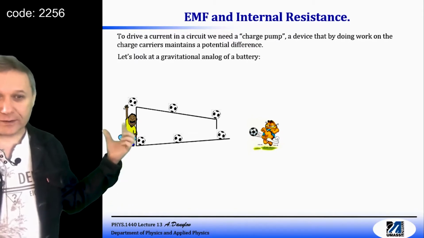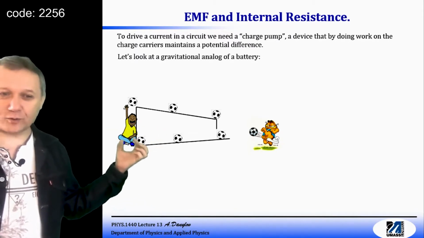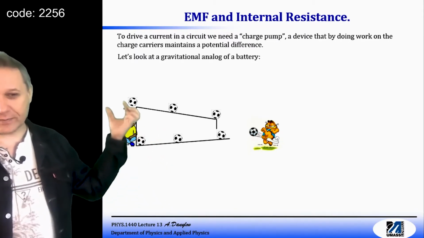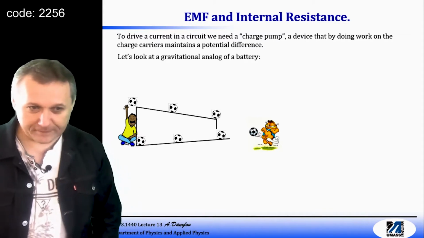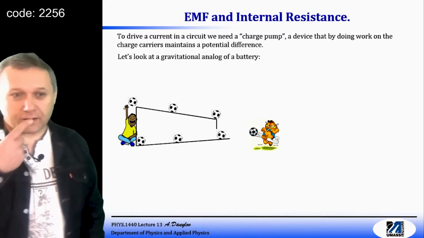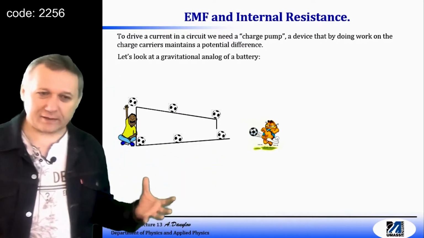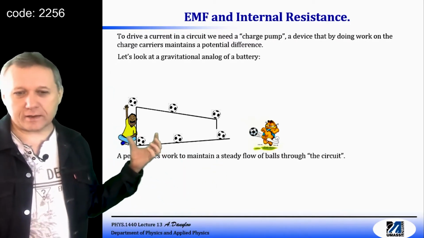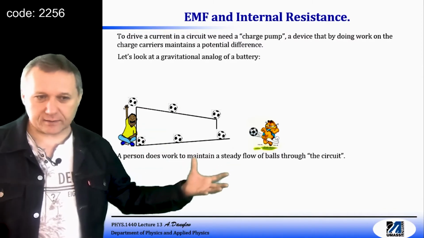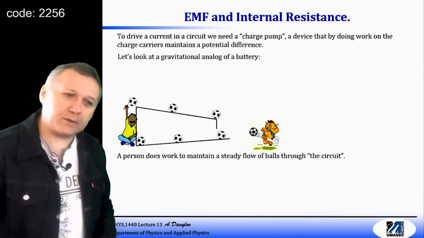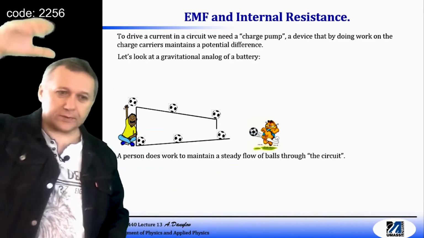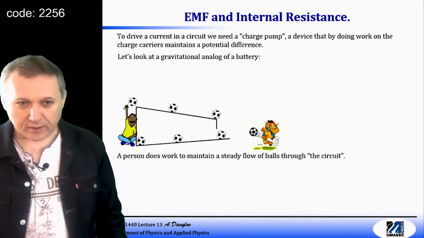So he's supposed to grab the ball from the bottom and move it to the top. And of course, we all know that we all have limitations, and he cannot move these balls instantaneously. It takes time to grab it, move it, drop it. So it takes time.